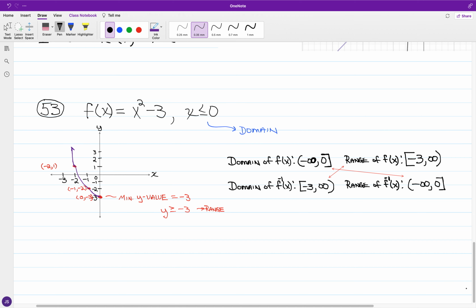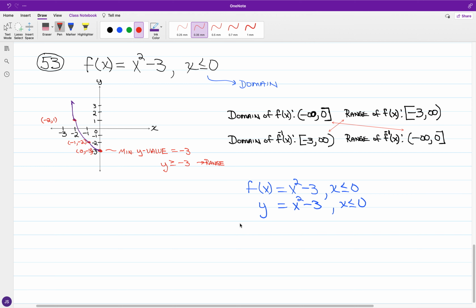And now, looking at what exactly the inverse function is going to be. We're starting out with f of x equal to x squared minus 3, where x is less than or equal to 0. Putting f of x in terms of y, we have y is equal to x squared minus 3, whereupon, again, x is less than or equal to 0.